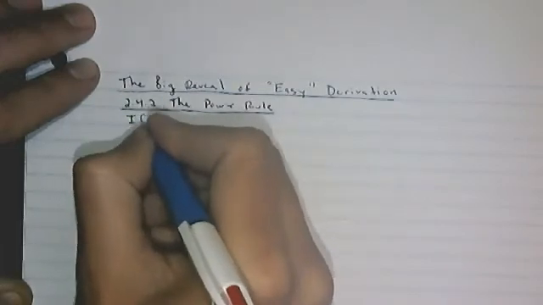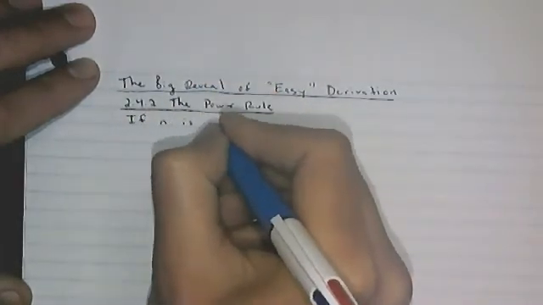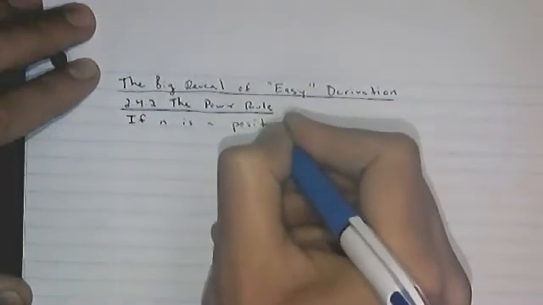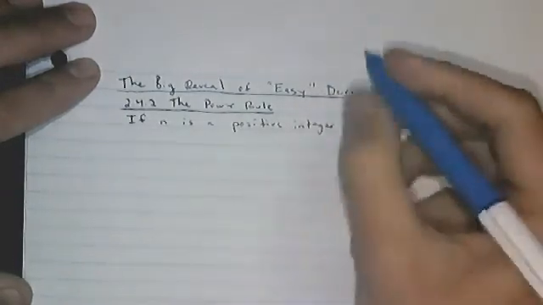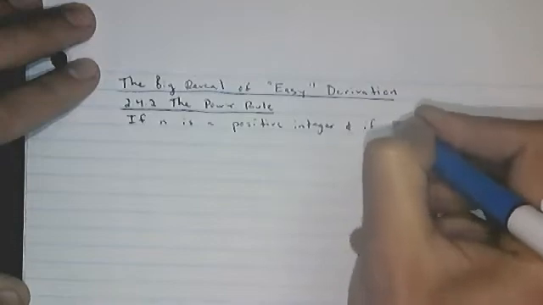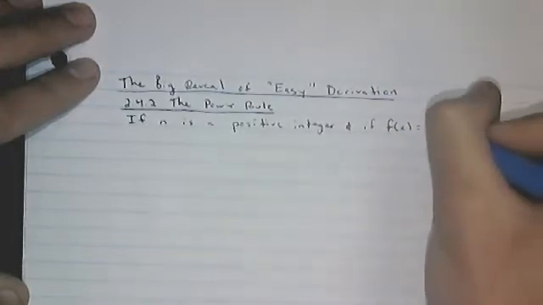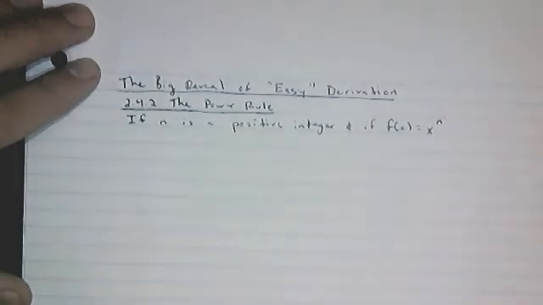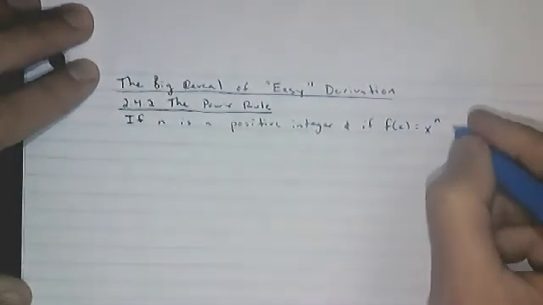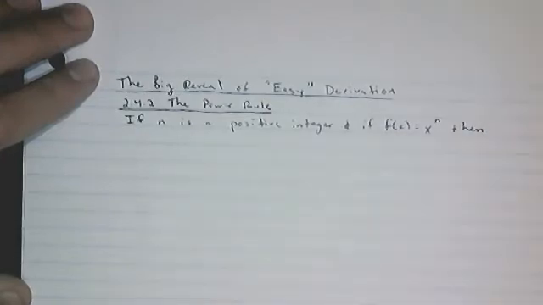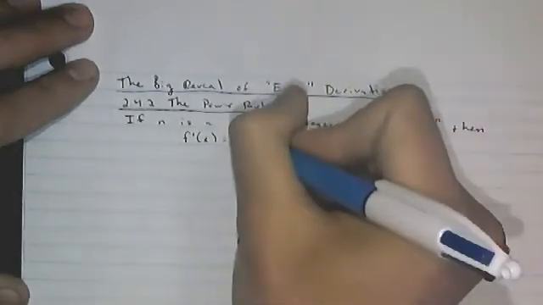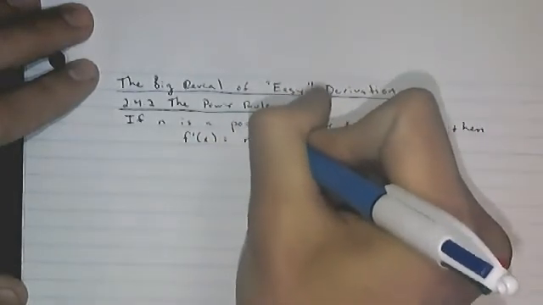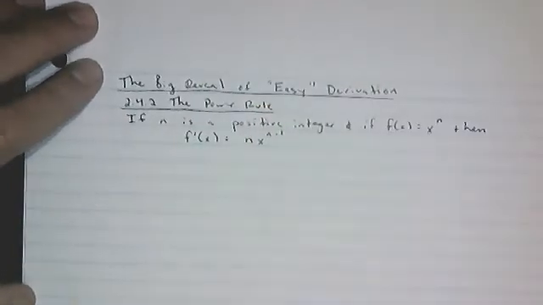says if n is a positive integer, and if f of x is equal to the power function x raised to the nth power, then the derivative of f is equal to n times x raised to the n minus first power.